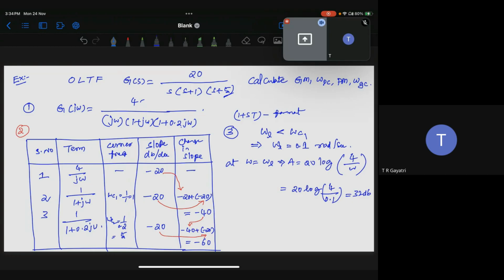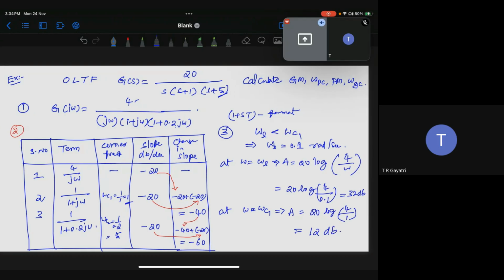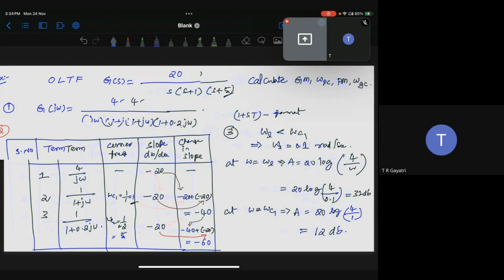Next at omega is equal to omega C1, A is equal to 20 log 4 by omega C1, which is 1. So that is equivalent to 12 dB. Okay, that is step 3.